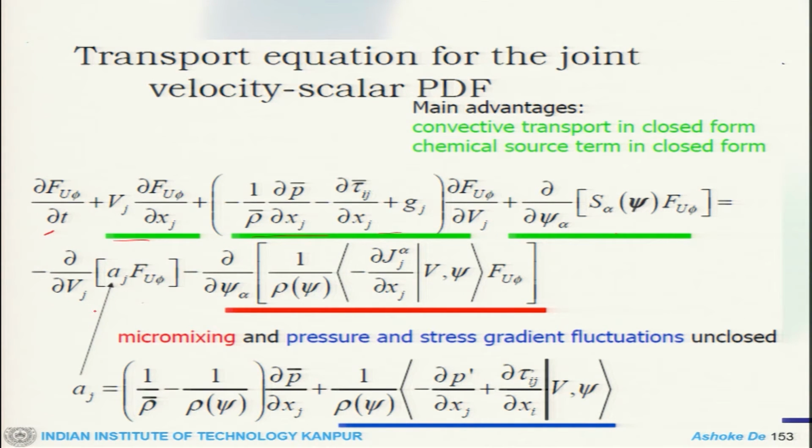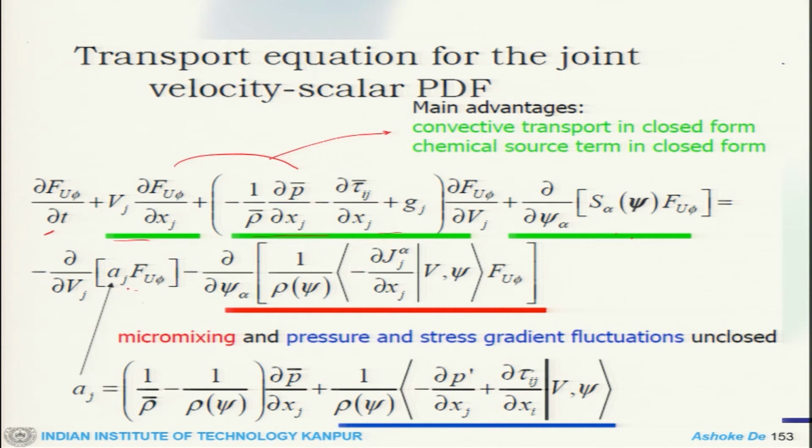If you look at the left hand side, the chemical source term is in closed form. That is one of the advantages of the joint PDF transport equation, because the chemical source term, which incurs a lot of stiffness in the system, is in closed form, and the convective transport is also in closed form.